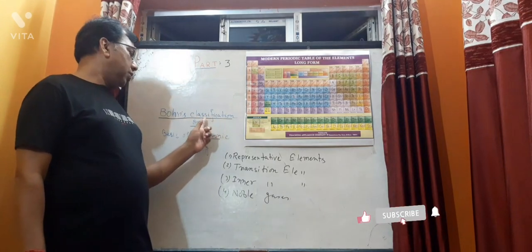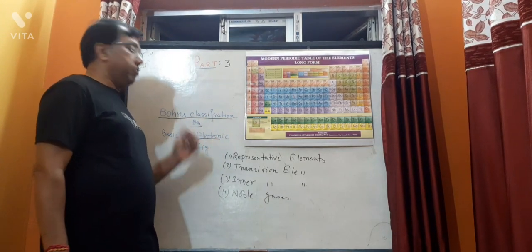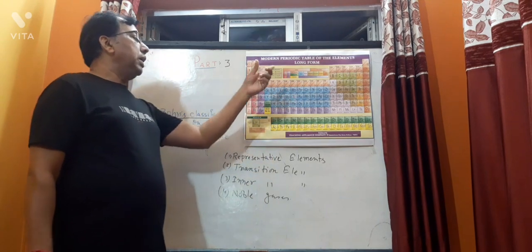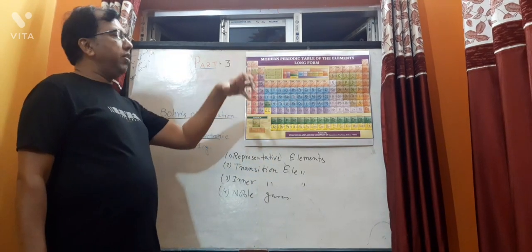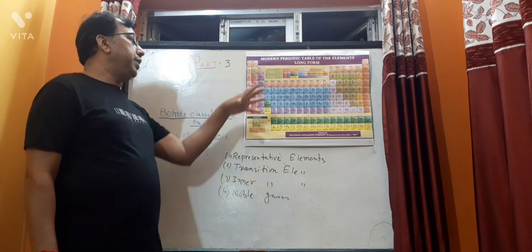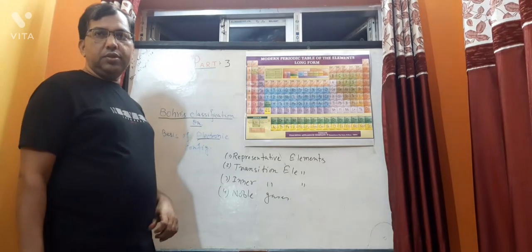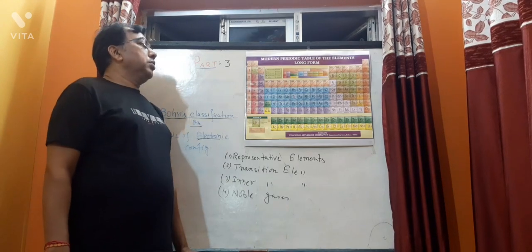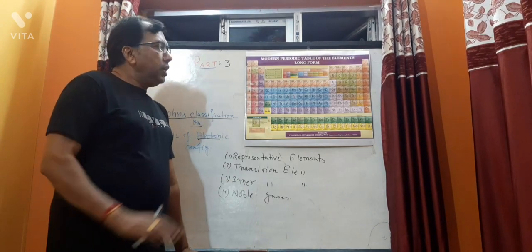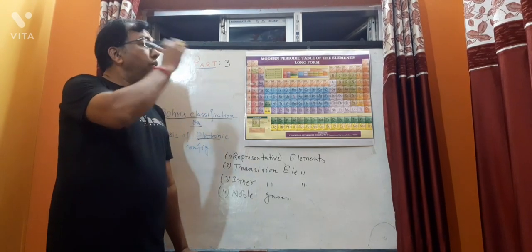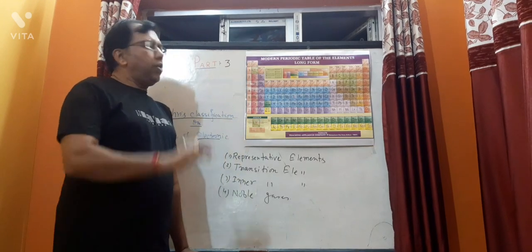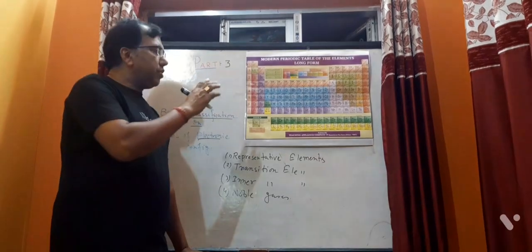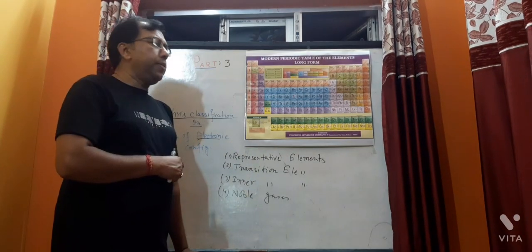Bohr's classification on the basis of electronic configuration. What you see out here, total elements are classified in 4 blocks, the s, p, d, f blocks. But the scientist Bohr classified all the elements according to their electronic configurations.